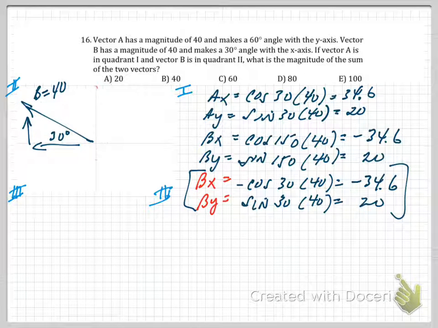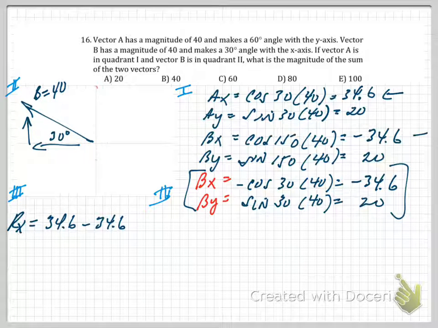All right. So we're still not there, but we need to add up the components in the x and y direction. So in the x direction, the resultant vector is going to be 34.6, this component, minus 34.6, this component, so that's going to equal 0.